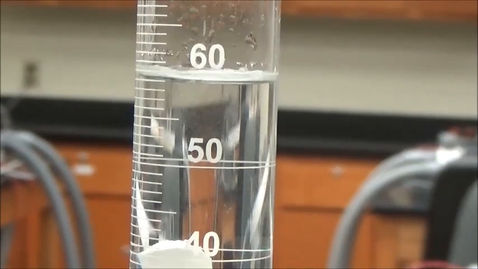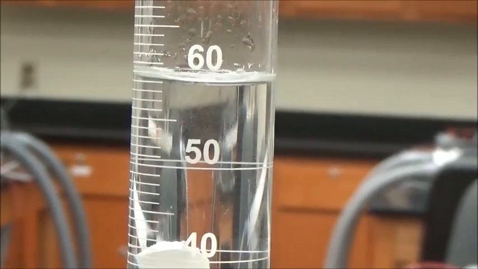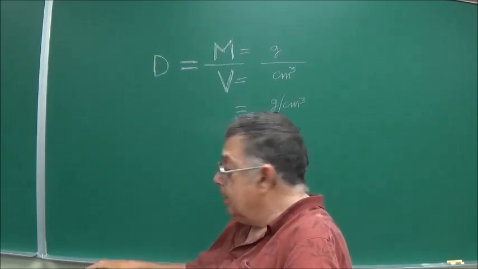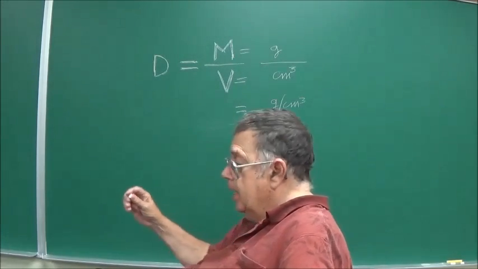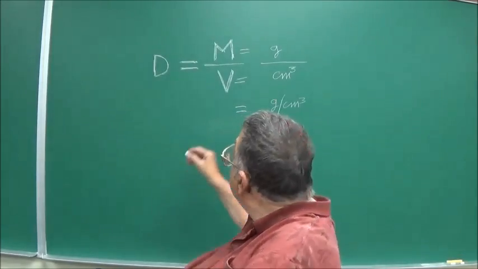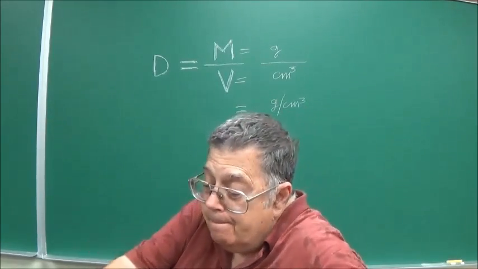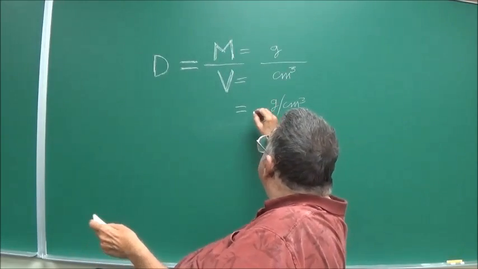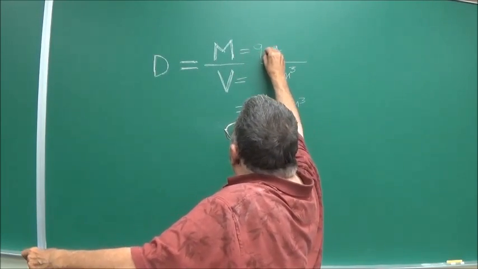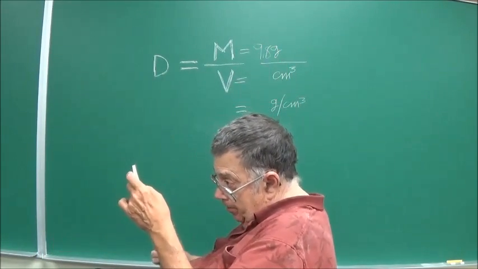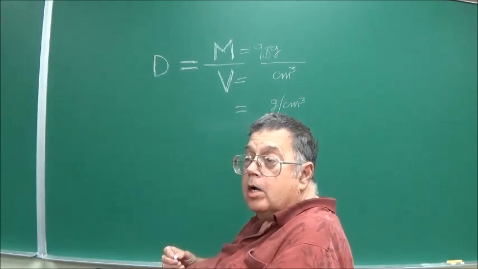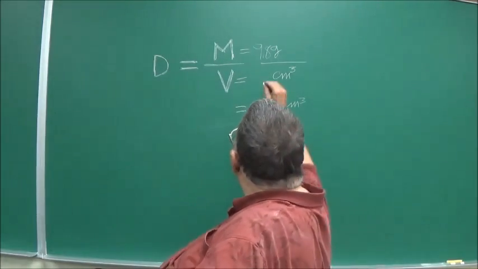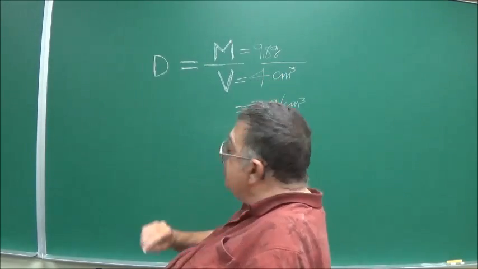Now we can do the calculations on the board. I only have a small piece of chalk, but we can do this. The actual mass was 9.8 grams. And the volume was 4 cubic centimeters. It went from 55 to 59, so that's 4 cubic centimeters.